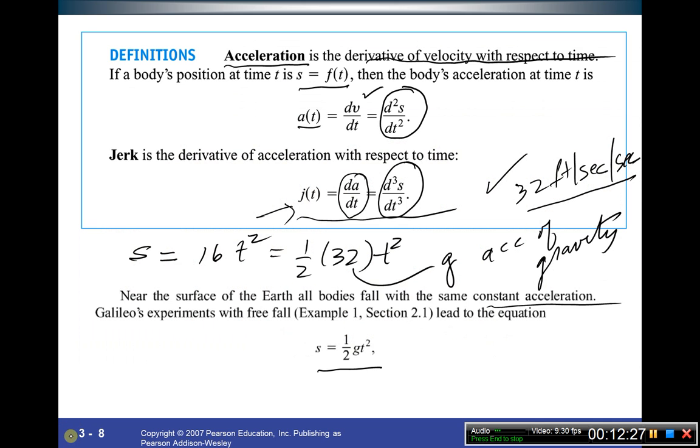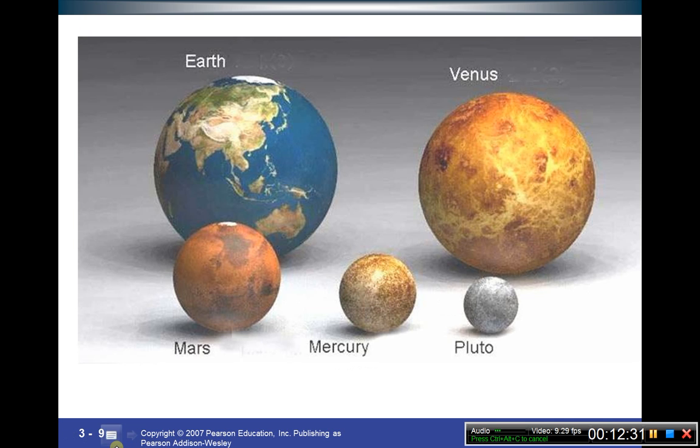Actually, before we go to the next page, I just wanted to show you the relative sizes of some planets that you know about. Obviously, here is Earth. The gravitational constant is 9.8 meters per second squared.